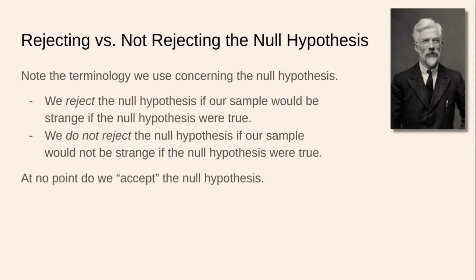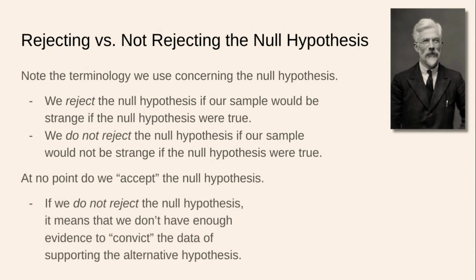At no point are we ever allowed to accept or confirm or support a null hypothesis. If we do not reject the null hypothesis, it means that we don't have enough evidence to convict the data of supporting an alternative. Okay? That's that innocent until proven guilty. Just like in court, you can prove guilt, but proving innocence?